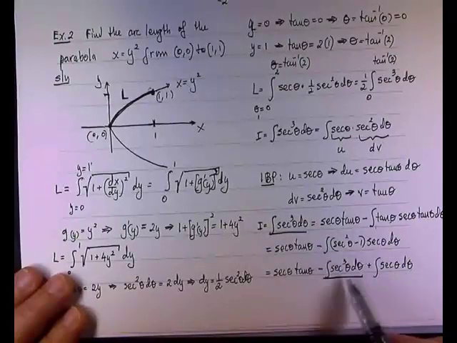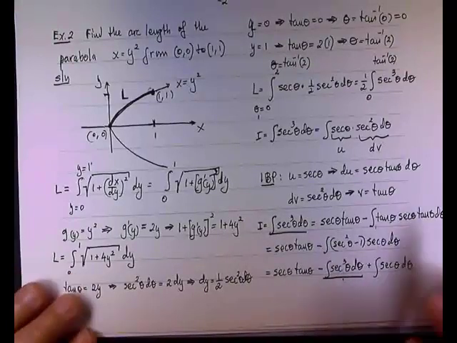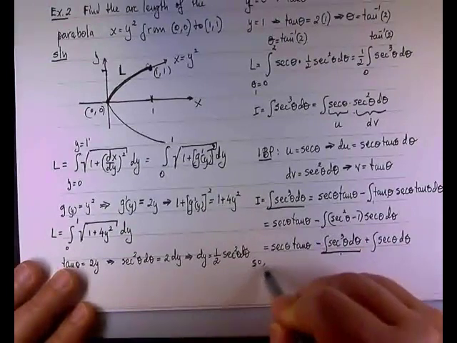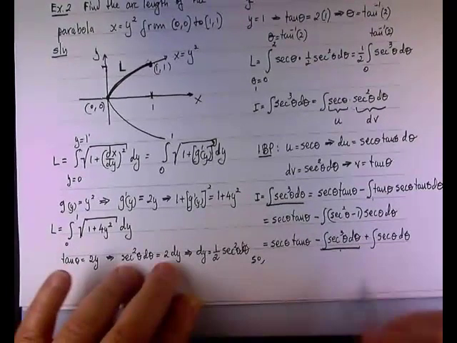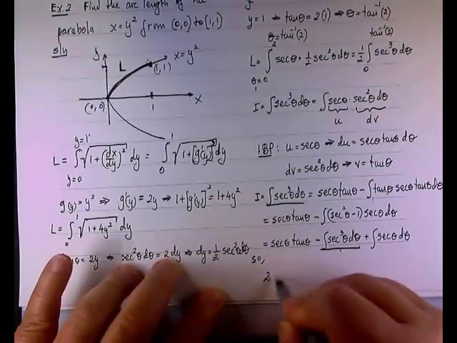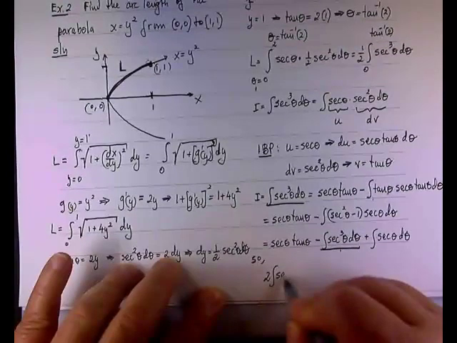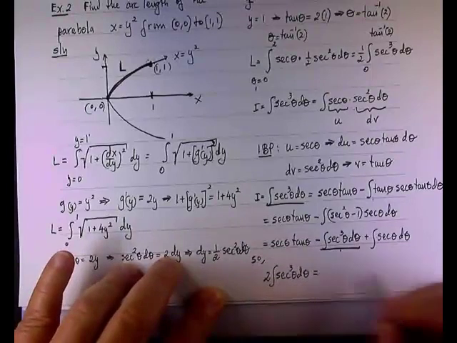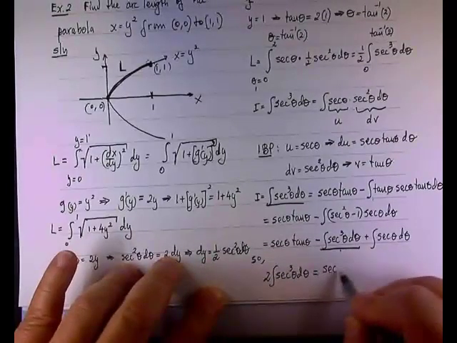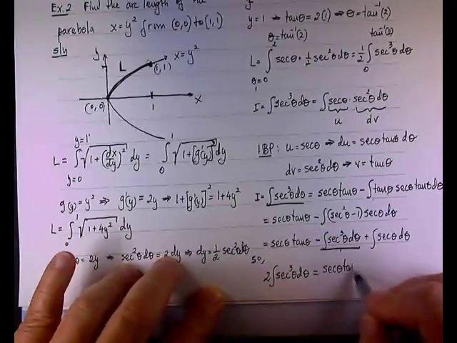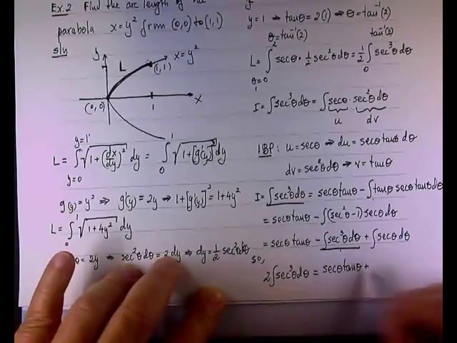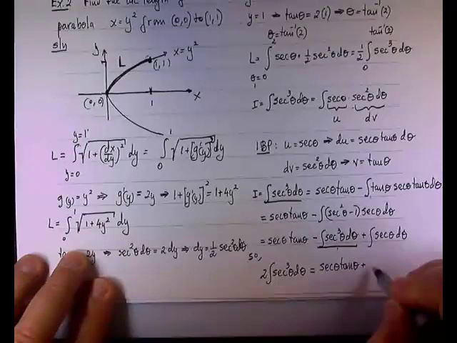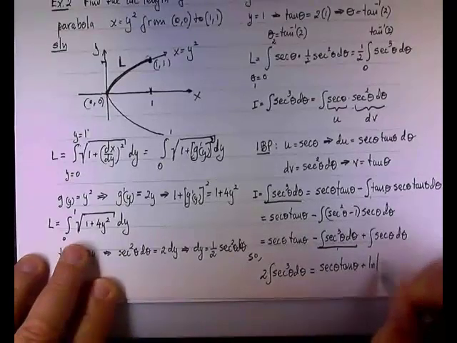We have the integral of the secant cubed equals something minus the integral of the secant cubed. So what it tells you is that 2 times the integral of the secant cubed d theta, and this is something we've done before, equals secant theta tangent theta plus the integral of the secant.